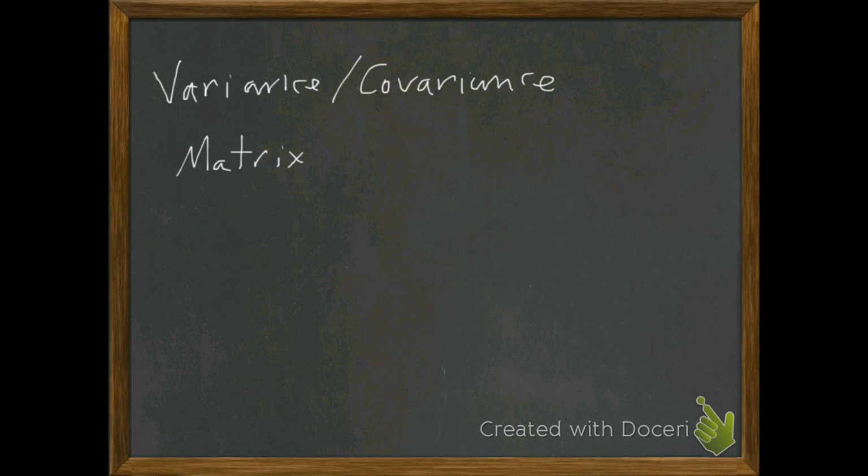Now, what I want to do, the final thing, and it looks like I'm going to have time to do this, is just investigate the variance covariance matrix of the residuals.